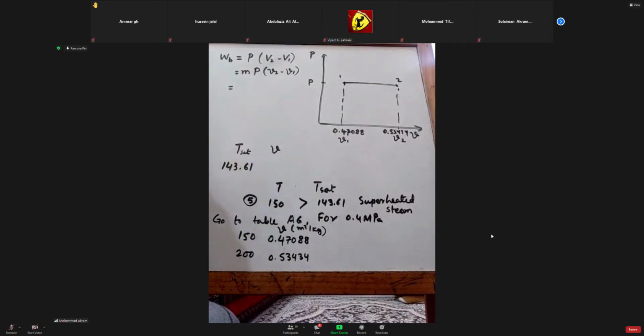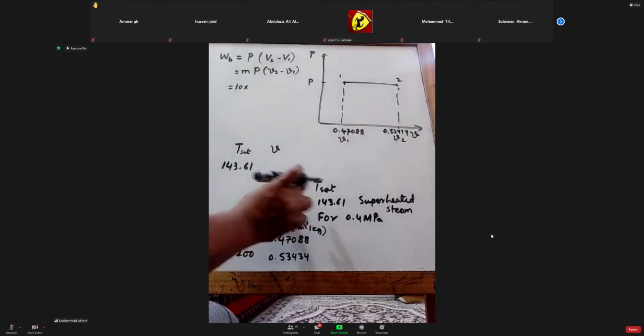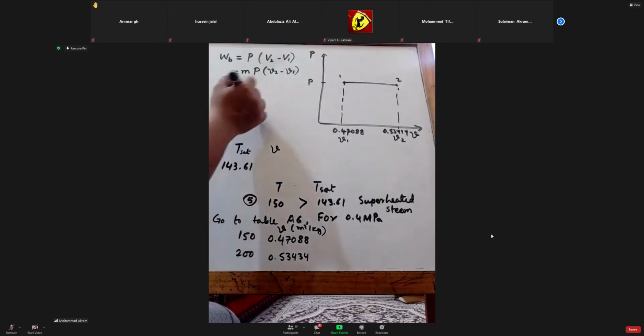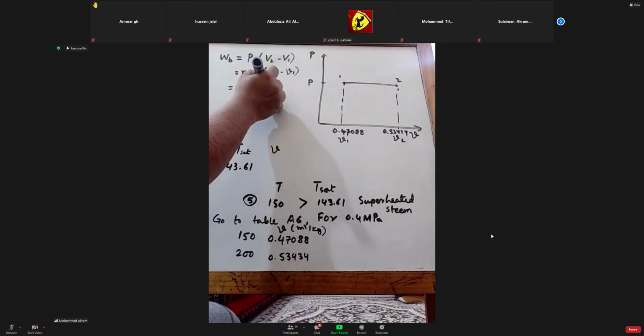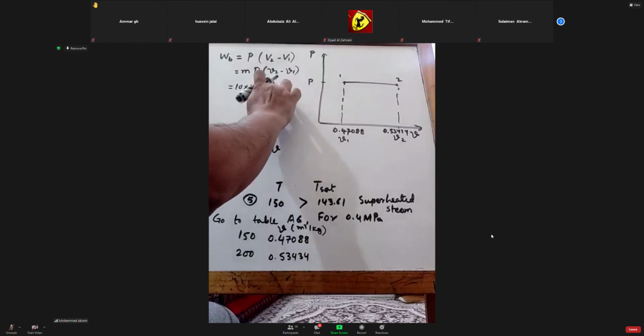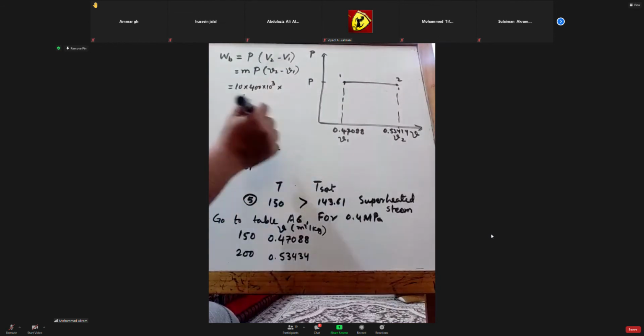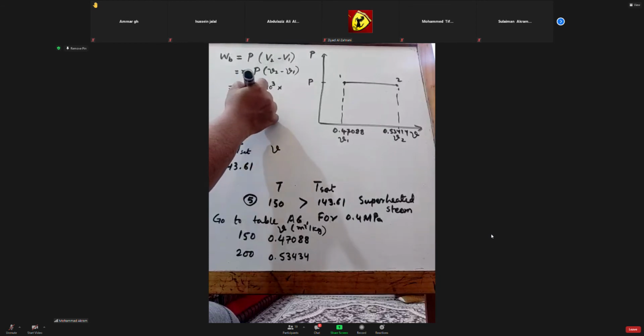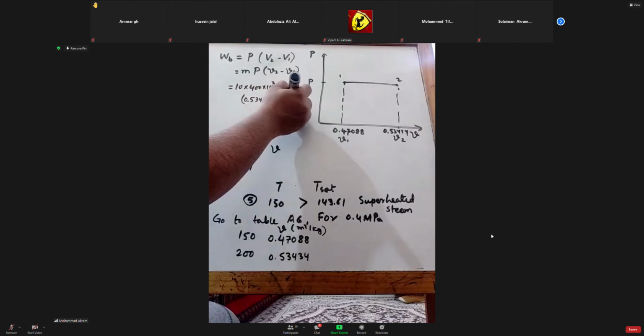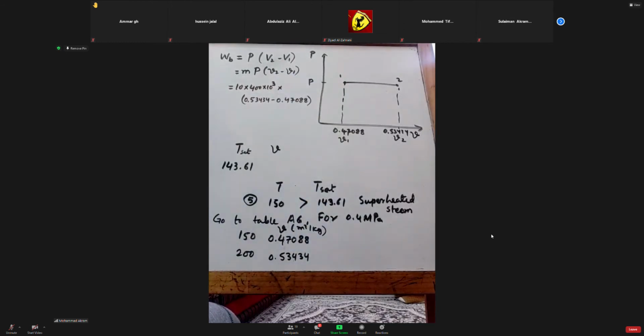M is given as 10 kilogram, and pressure is 400 kilopascal, right? So 400 into 10 raised to 3 into V2 minus V1. V2 is 0.53434 minus 0.47088.